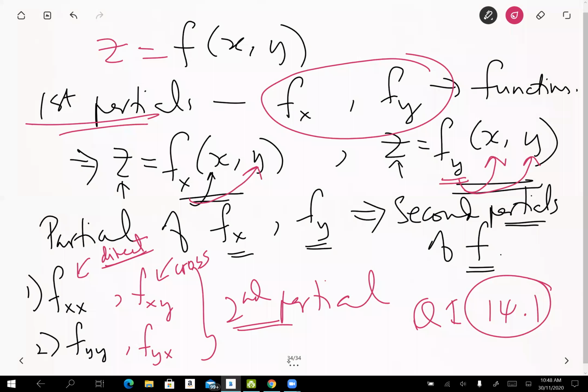You got a simple example, x squared plus y squared. Can you do the second partial derivative?